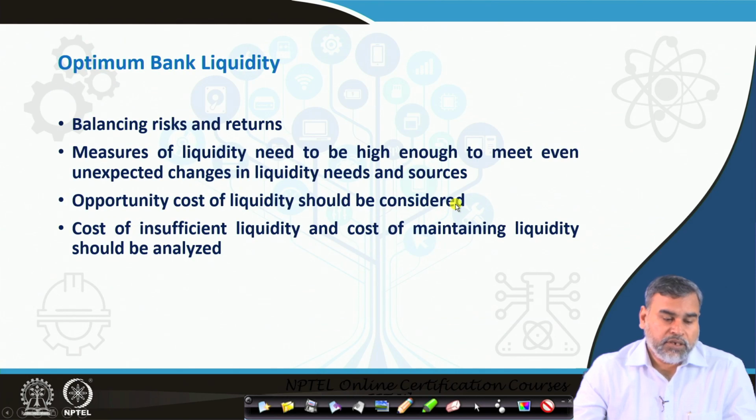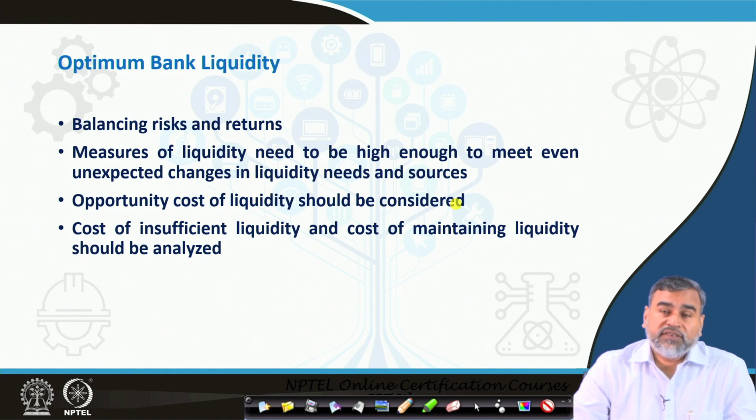Then, considering those things, every bank should have an optimum liquidity, or we call it the optimum bank liquidity. The optimum bank liquidity basically considers the balancing between risk and returns. It also measures that liquidity needs to be high enough to meet even the unexpected changes in liquidity needs and sources the banks have.